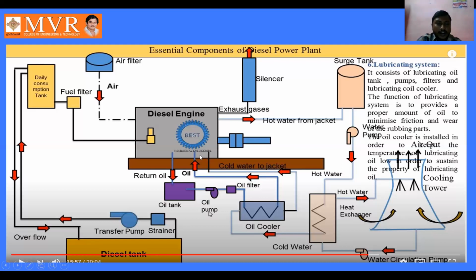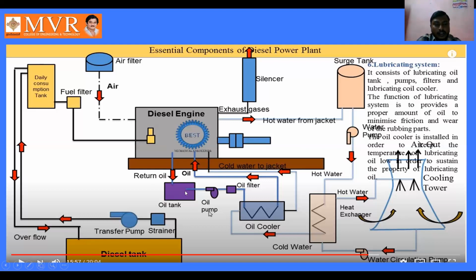The oil enters the engine cylinder cold, and when it returns from the engine cylinder, it carries the heat back with it. The returned oil is fully hot, and it enters the oil tank.